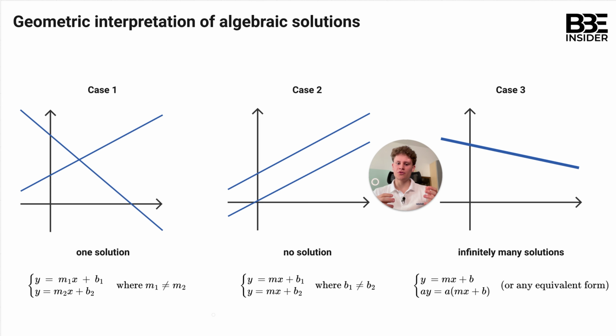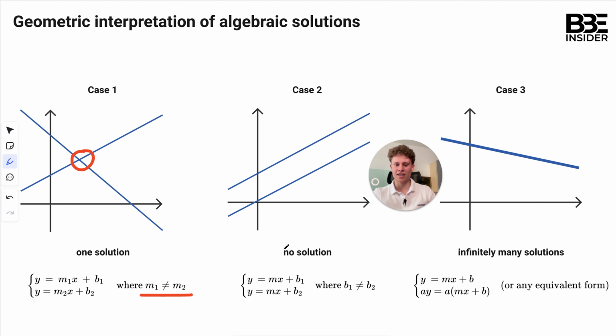In general, your set of linear equations can lead to one of these solution cases. The very first case is that you have two linear equations which have distinct, which means different, slopes. Therefore, they intersect at a specific point and they have one unique solution.